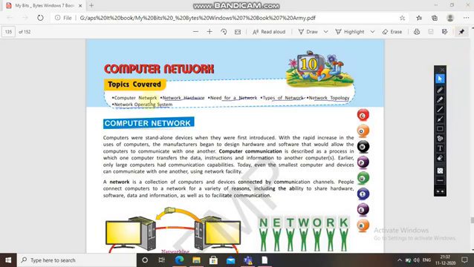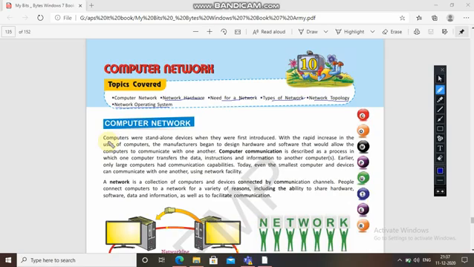So let's come to the first topic, computer network. Computers were stand-alone devices when they were first introduced. Okay, so earlier, when the computers were introduced, they were stand-alone devices. Okay, the single device.